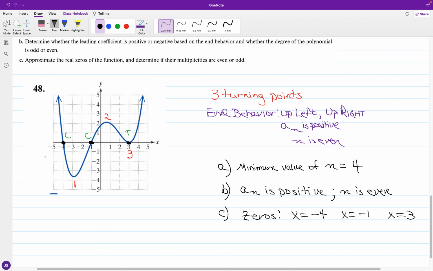And for the multiplicities, whether the multiplicity is odd or even, I'm just going to do a little bit of color coding. You have crossing at both x equals -4 and x equals -1. Since you have to cross, these zeros will be of odd multiplicity.